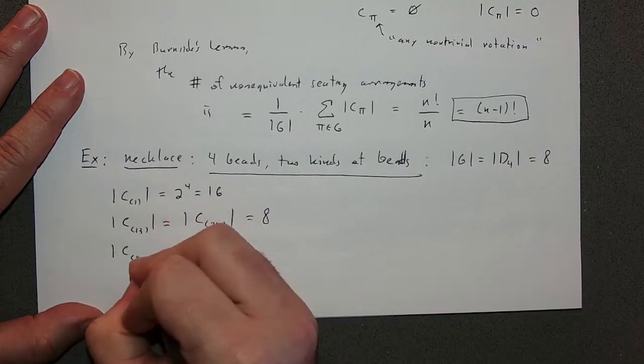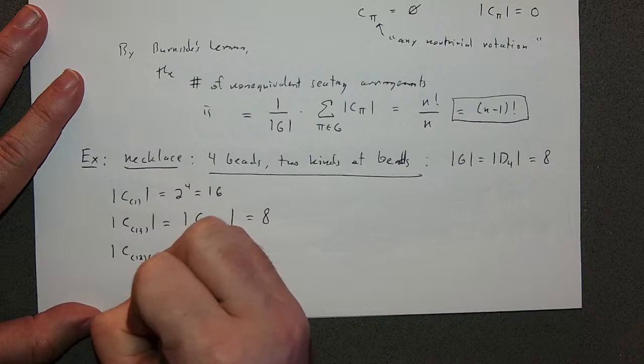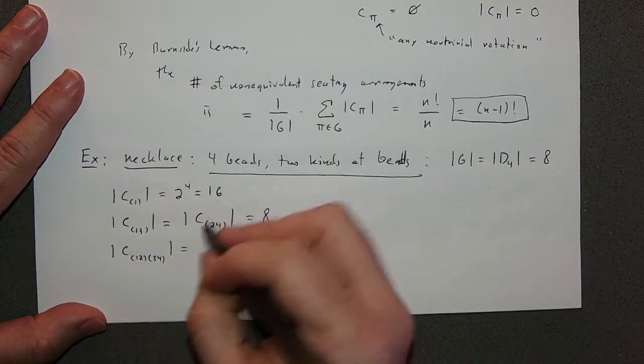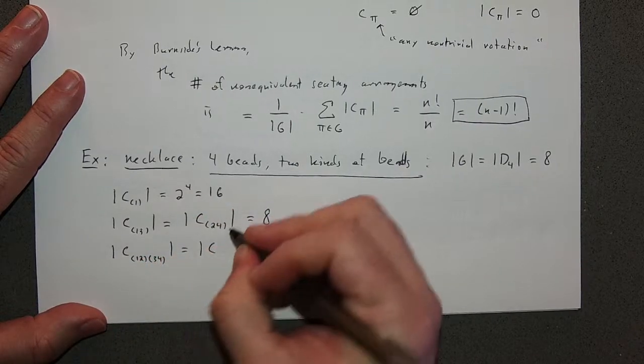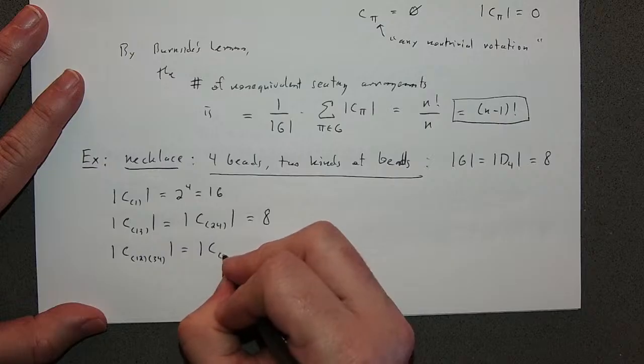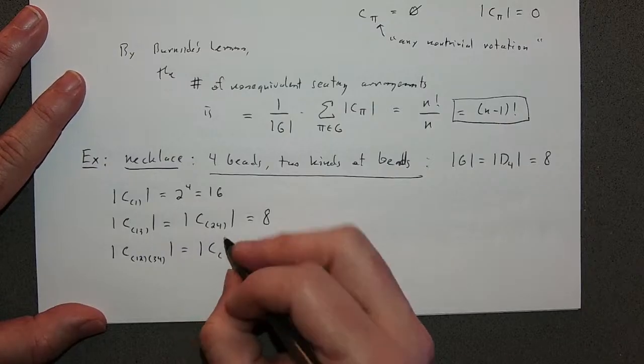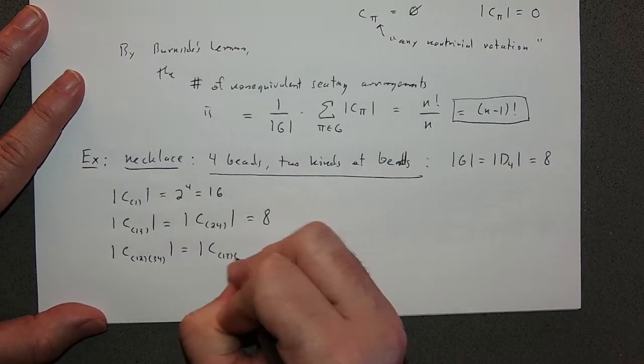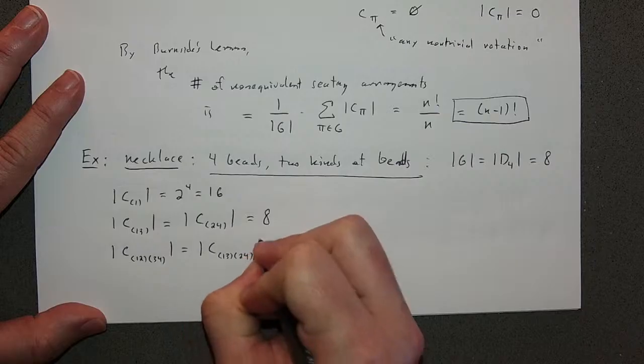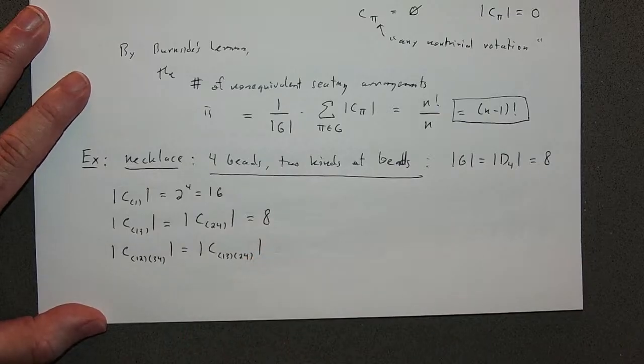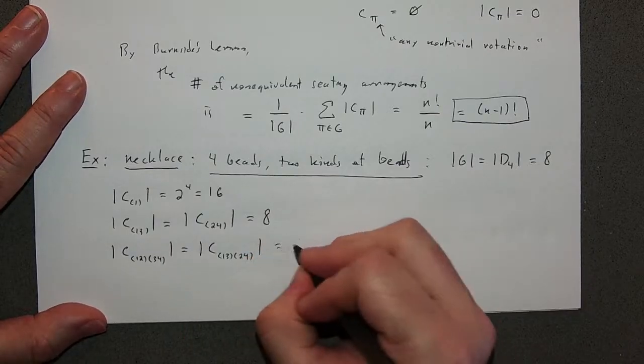What about these reflections? So 1, 2, 3, 4 and 1, 3, 2, 4. And 1, 4, 2, 3.